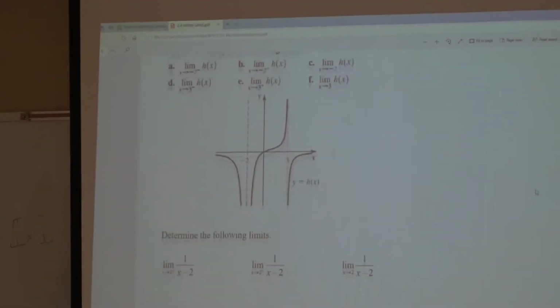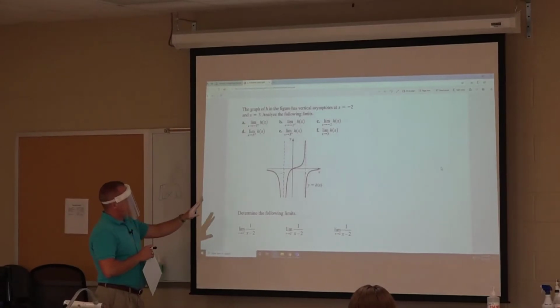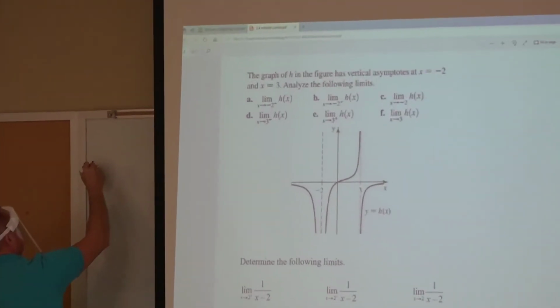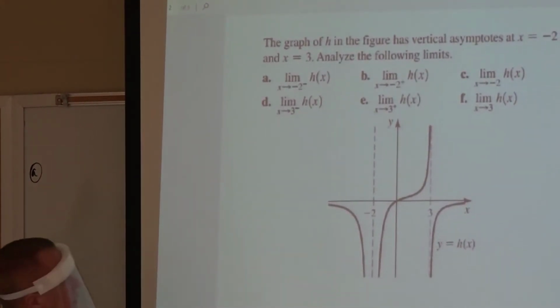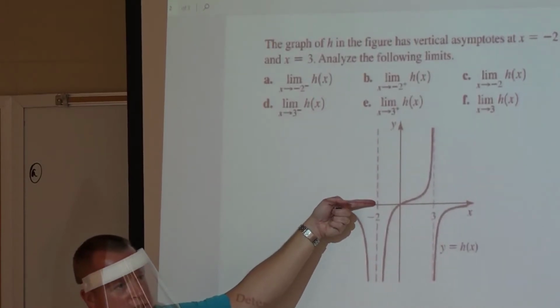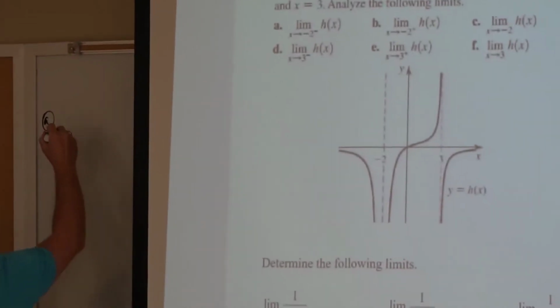All right, look at some problems here. The first one we just got a graph, so we'll do this one up here on the board. On part A, the limit as x approaches negative 2 from the left. What do I put from the left? Negative infinity.